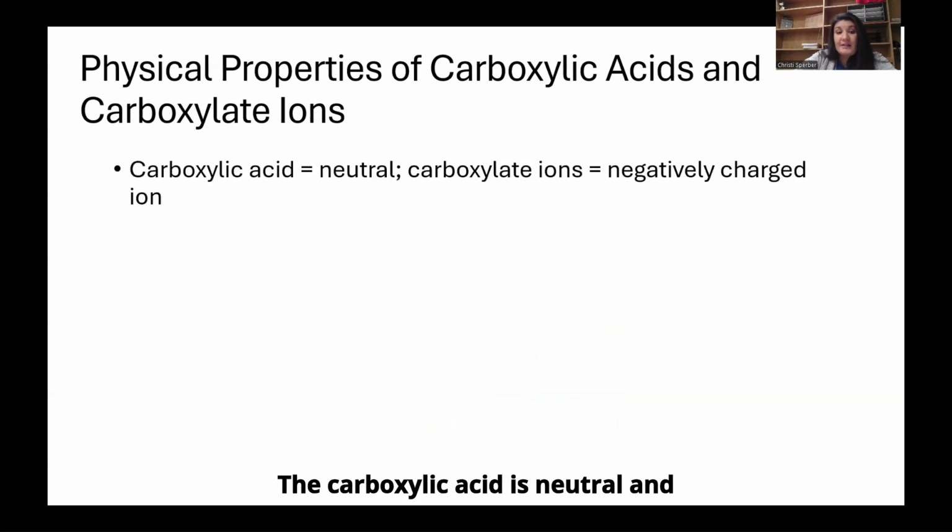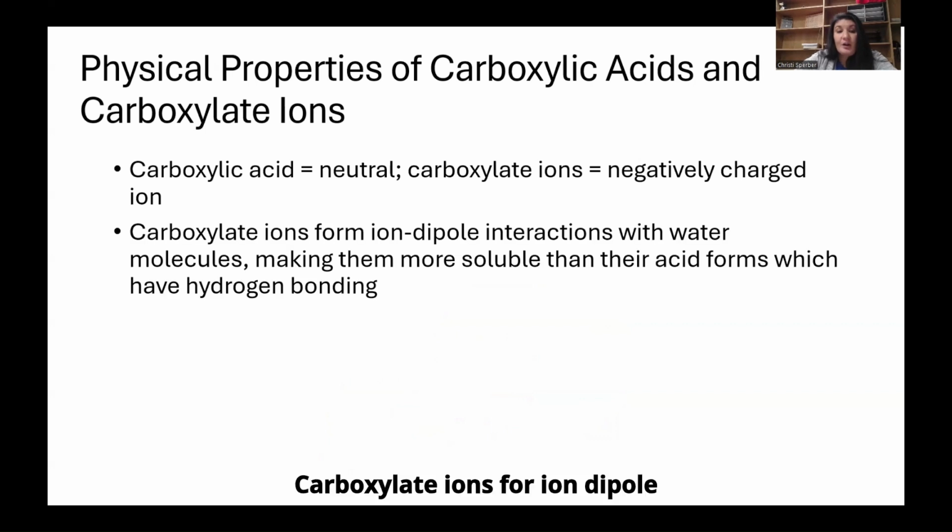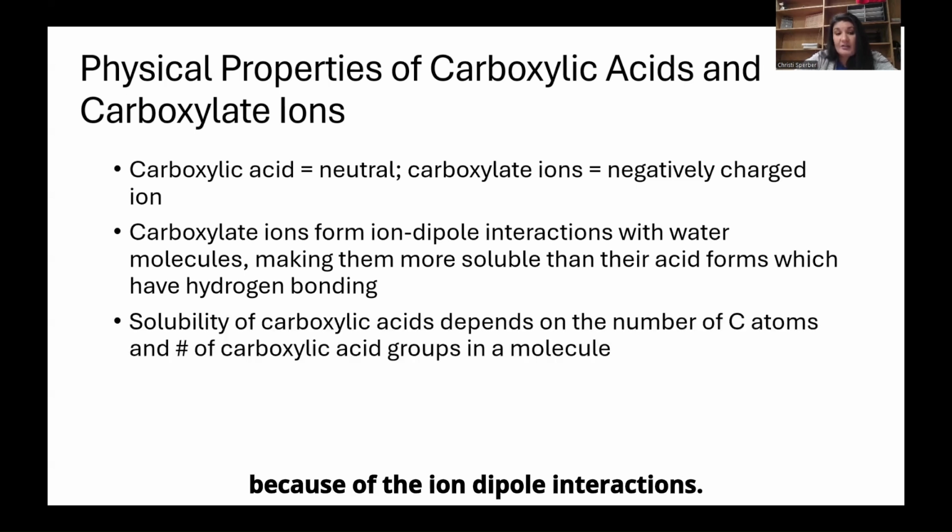The carboxylic acid is neutral, and carboxylate ions are negatively charged ions or anions. Carboxylate ions form ion dipole interactions with water molecules, making them more soluble than their acid forms, which have hydrogen bonding. So even though the carboxylic acid has hydrogen bonds and is soluble in water, the carboxylate ion is more soluble in water because of the ion dipole interactions.